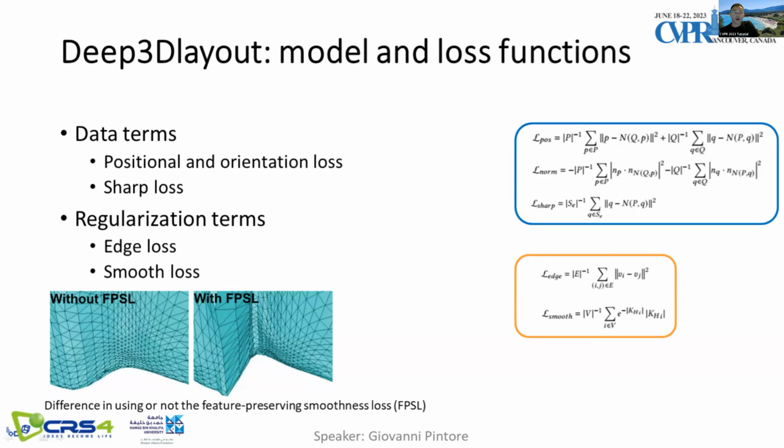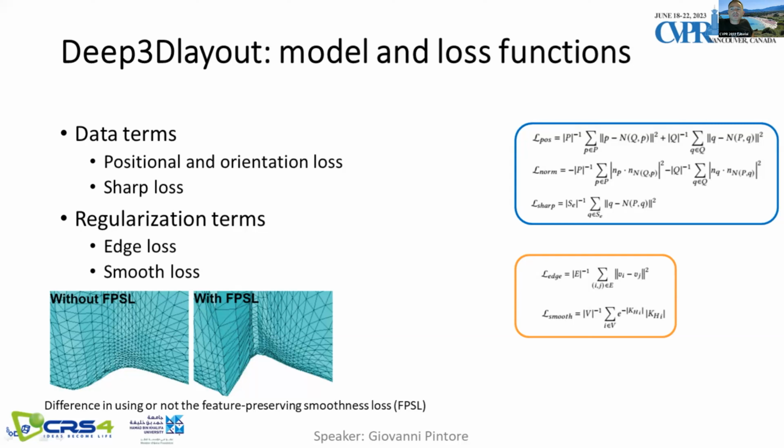And why? Because if you use only the data terms, the network may generate a very large deformation, and we need to deform a lot to closely fit the ground truth. This is harmful, especially in the first training iterations, where the estimation is far from the ground truth. So large vertex movement would compute an inconsistent solution, letting the optimizer get stuck in a local minimum.